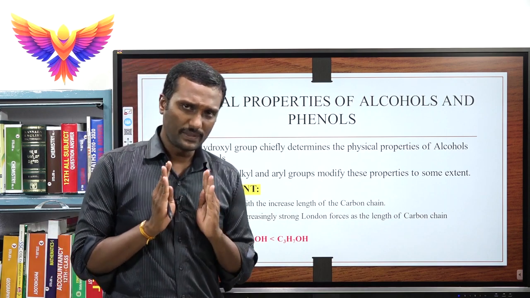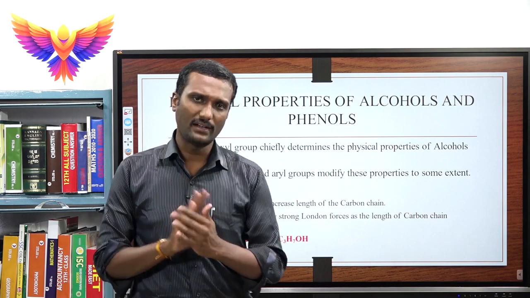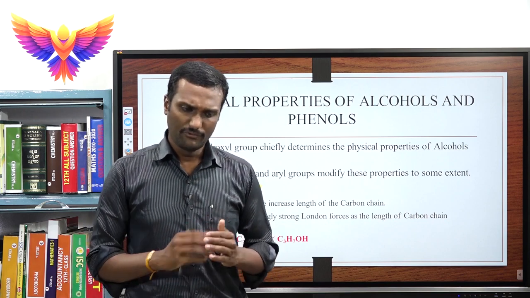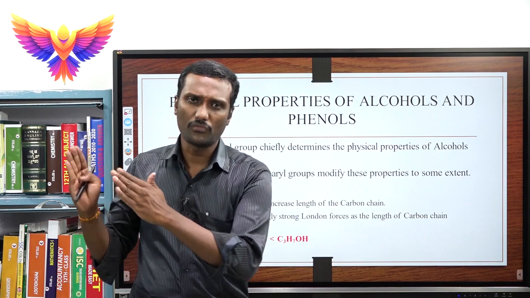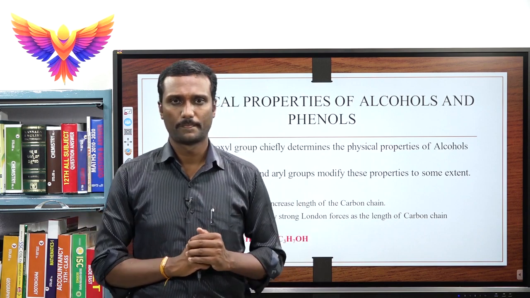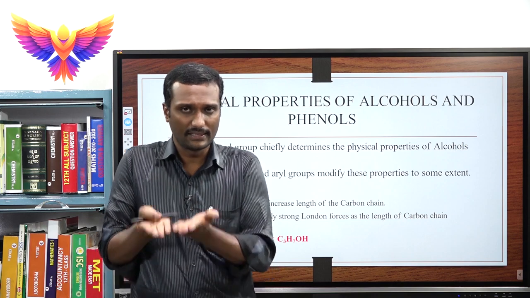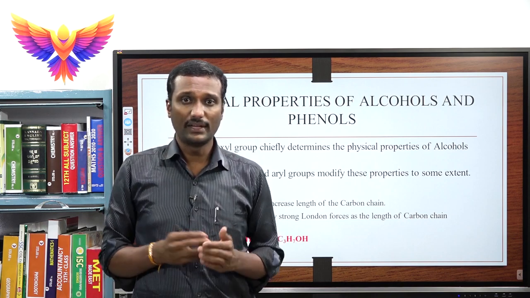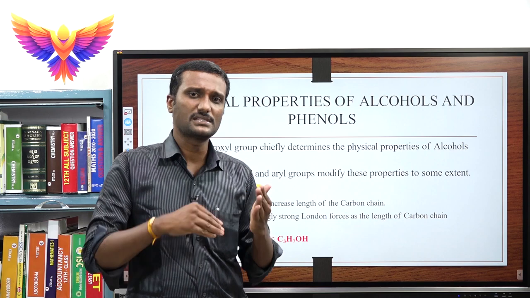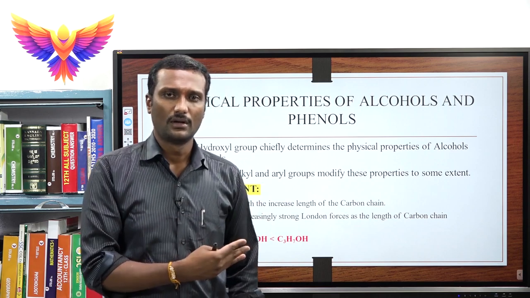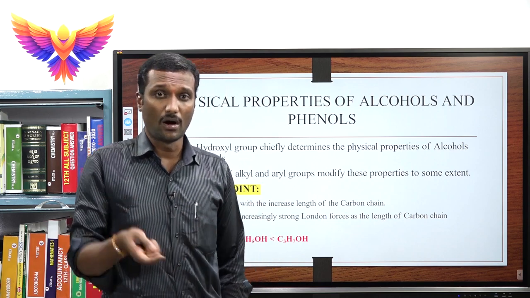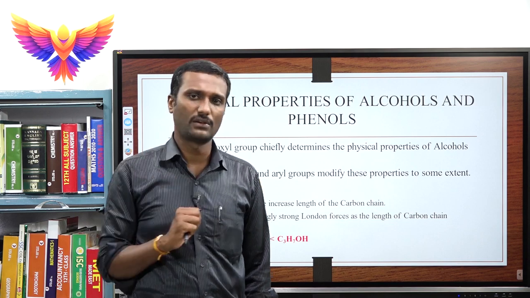Okay, now I will speak specifically only about alcohol and phenol. When you take alcohol and the number of carbon atoms increases, meaning the alkyl group increases, what happens? There is an increase in molecular mass. When there is an increase in molecular mass, the formation of hydrogen bonds is more, or there is an increase in van der Waals force.